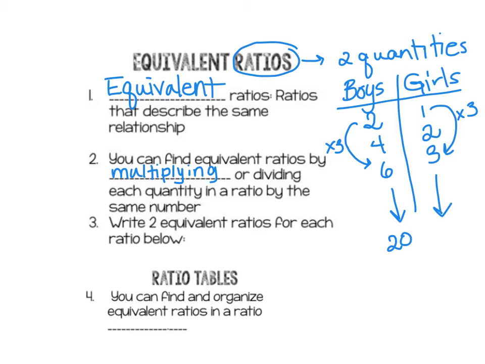I know that 2 times 10 is 20, so 1 times 10 would be 10, and there would be 10 girls in the class. So when we're talking about equivalent ratios, we're talking about kind of like making a table and then just finding that multiplier or that divider.